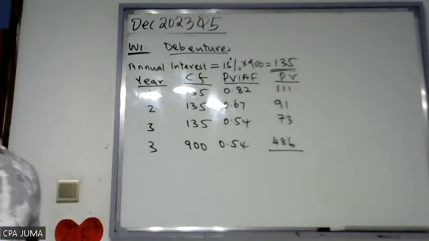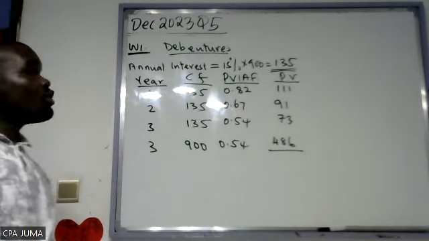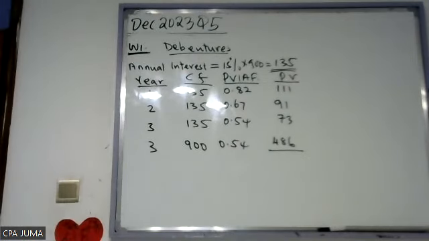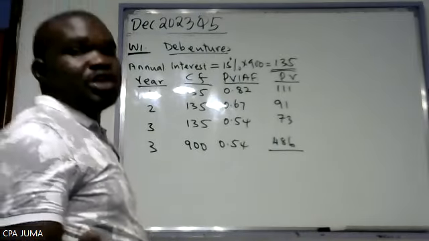It comes to how much? 761, 760, which is which?